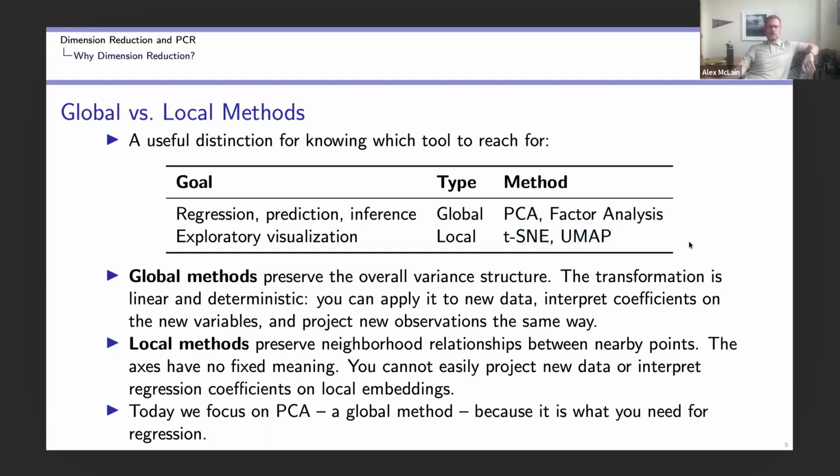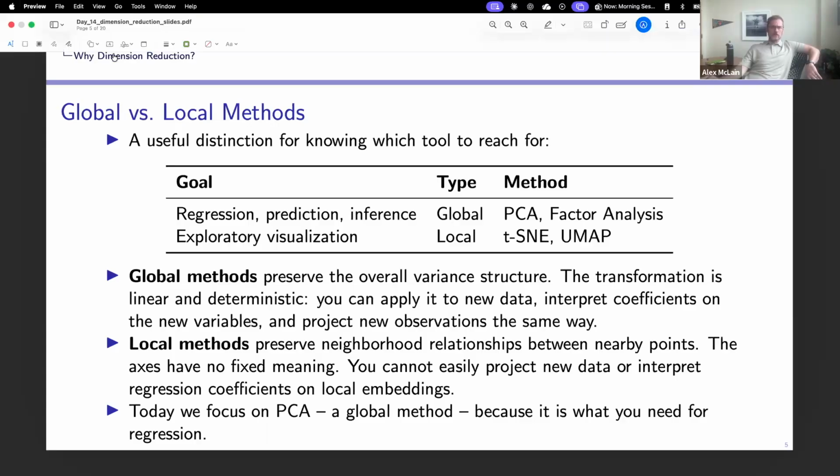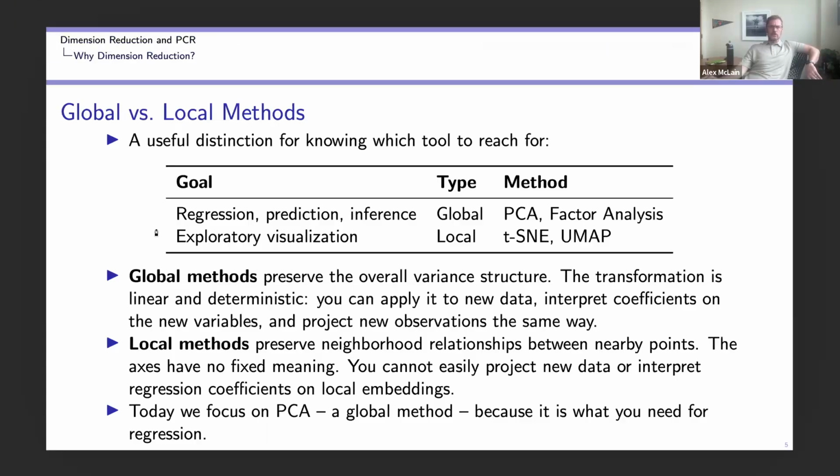Those of you in the biology field may have heard of these. These are other common dimension reduction methods. So let's take a step back and put dimension reduction methods into some classes. Here I'm going to separate these into global methods and local methods. We can talk a little bit about what the difference between these global and local methods is.